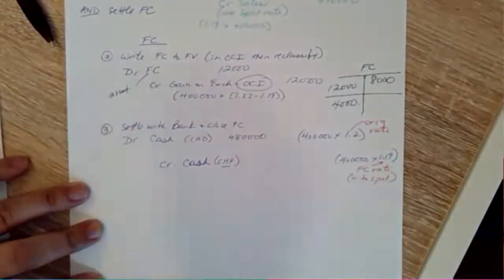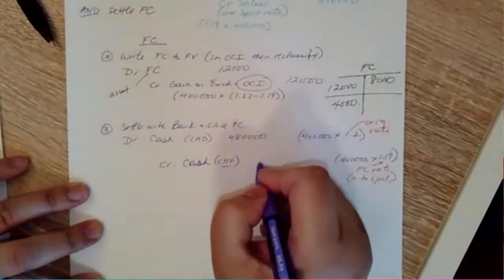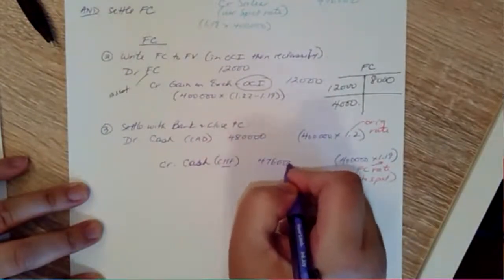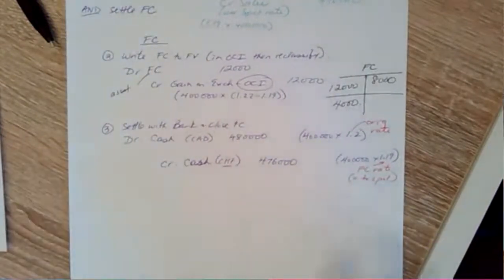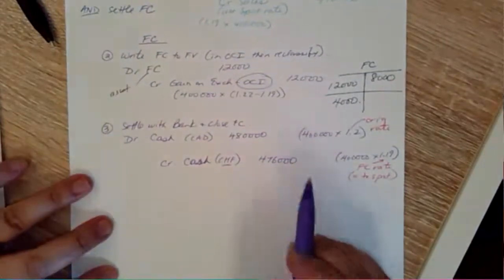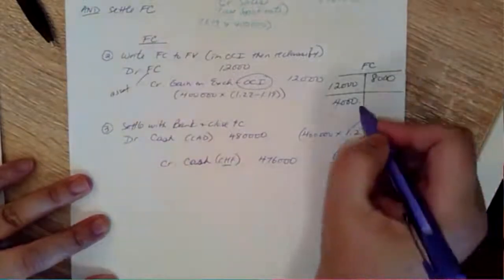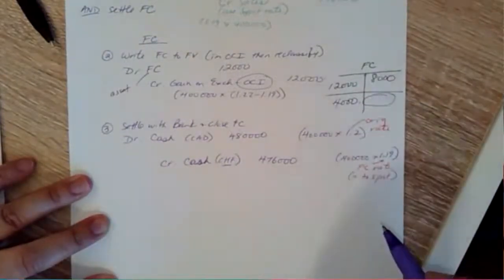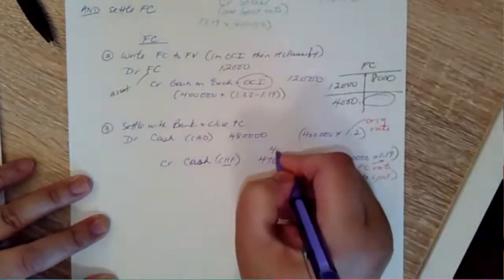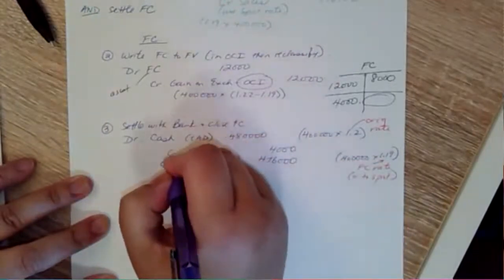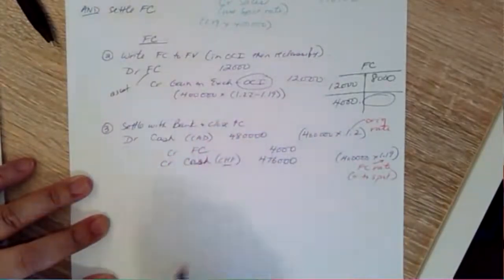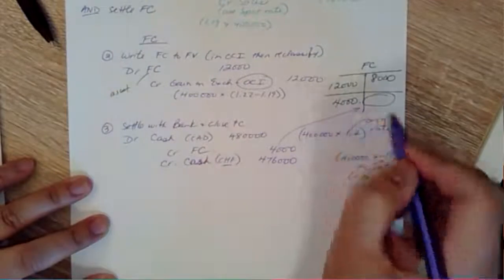That works out to 476. Are we done? No, we're missing 4,000 and it's a credit. Well, isn't it convenient that we have to close out the forward contract? So that's our 4,000 and that's our credit to forward contract. And that's totally from up there.